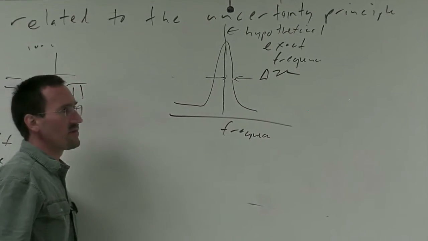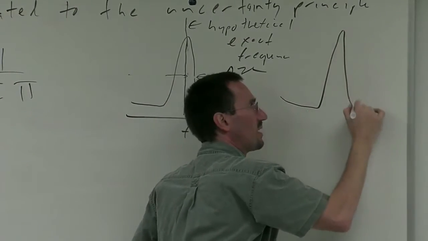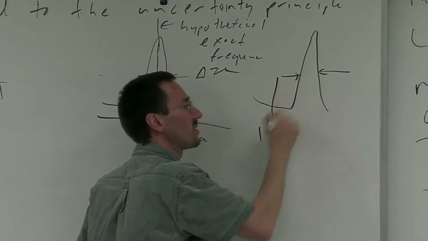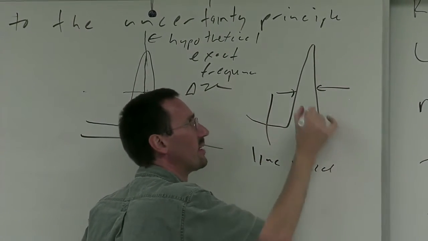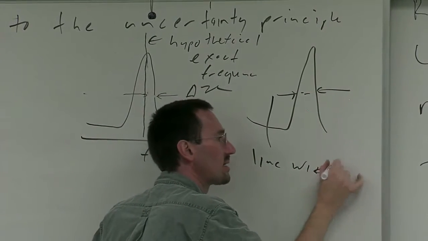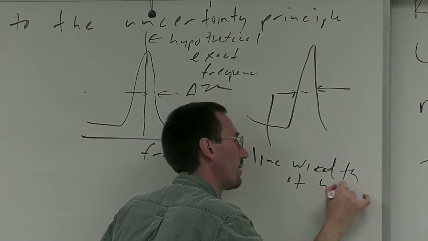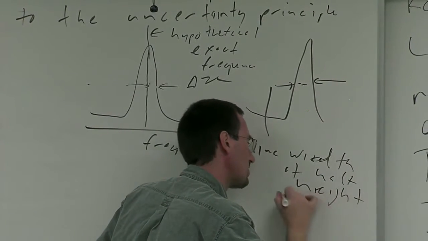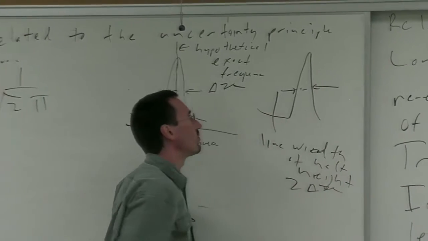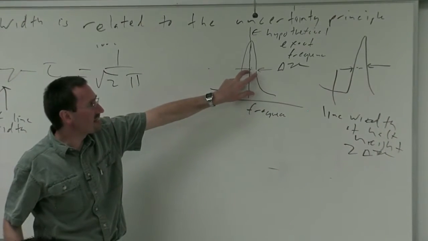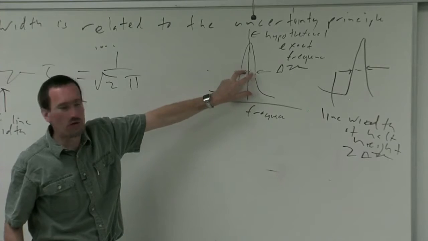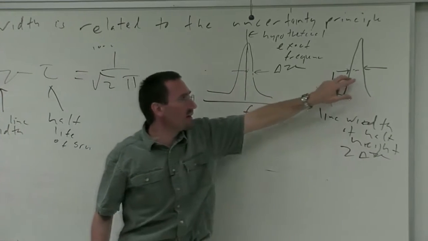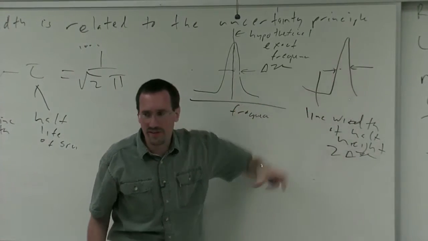And from your point of view, what you often think of and what I think of when I look is what I like to call the line width. In other words, it's sort of at half height. In other words, it's 2 delta nu. Because here we're saying, well, it's within plus or minus delta nu of this center value, but we can't tell exactly. Here I look and I say, okay, this line is this fat.